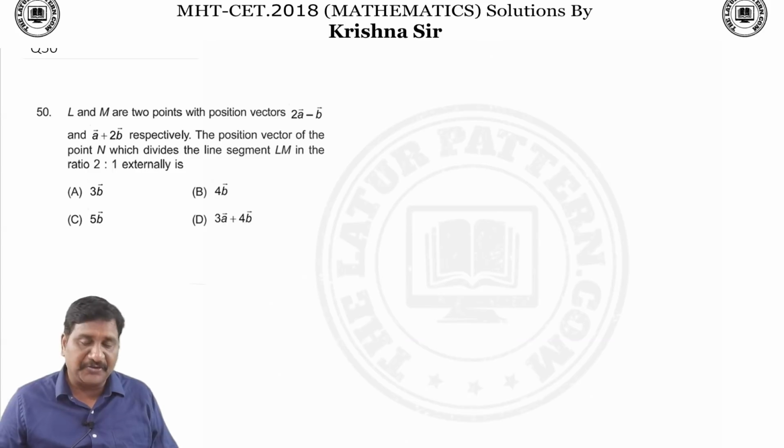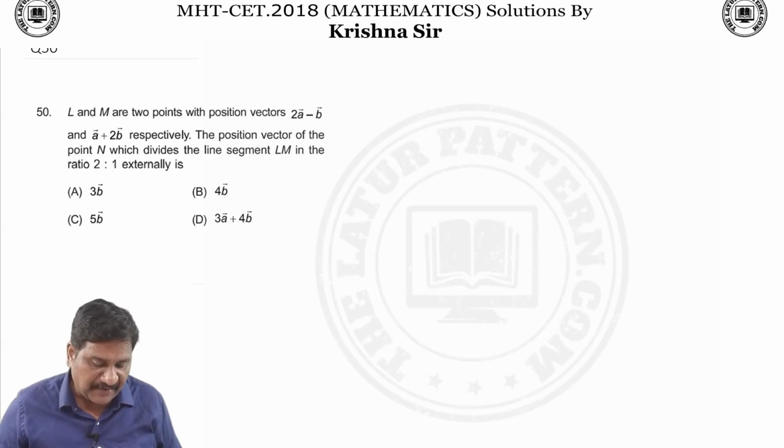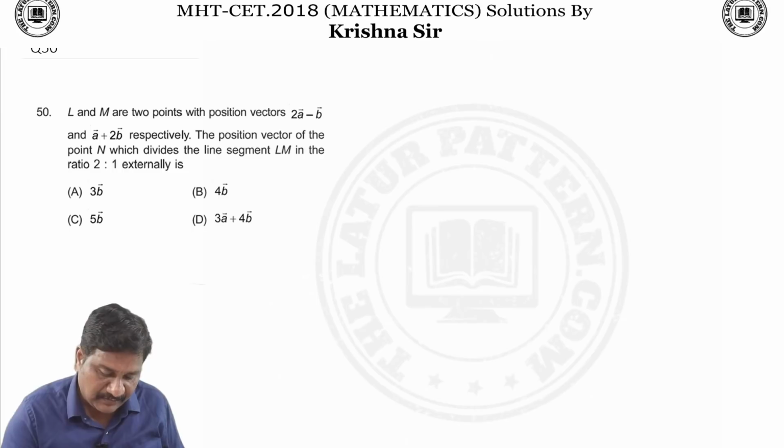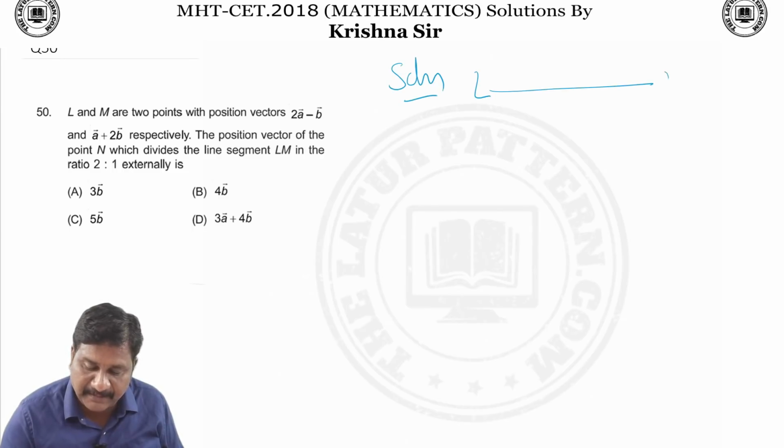Now the solution of question number 50. If L, M are 2 points whose position vectors are 2a minus b and a plus 2b respectively, find the position vector of the point N which divides the line segment LM externally in the ratio 2:1. Where L can be taken as the point (2, minus 1) and M can be taken as the point (1, 2).